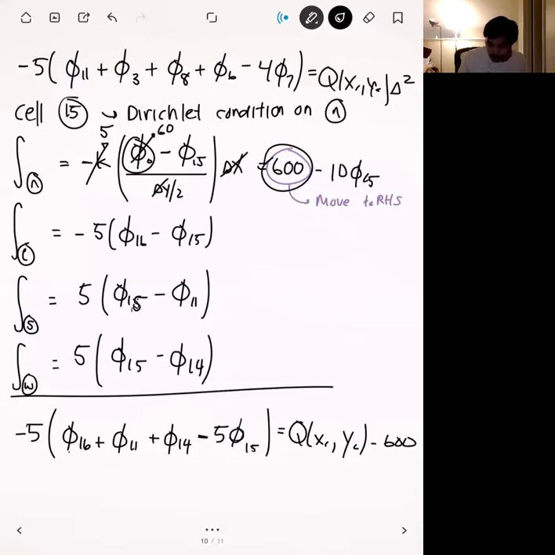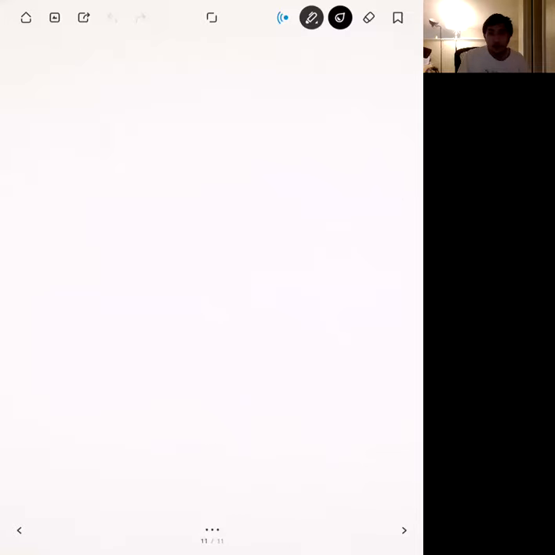And so finally, let's do one of the corner cells here, which is cell number 4. Cell 4 here is unique because it has a Neumann condition on the east face, as well as a Dirichlet boundary condition on the south.